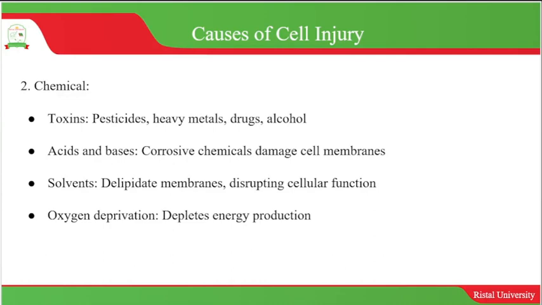The word toxin means poison. So these pesticides, heavy metals, drugs, alcohol lead to damage or burning of cell tissues. We have seen people coming up when they're exposed to acids, corrosive chemicals that damage the cell membrane.